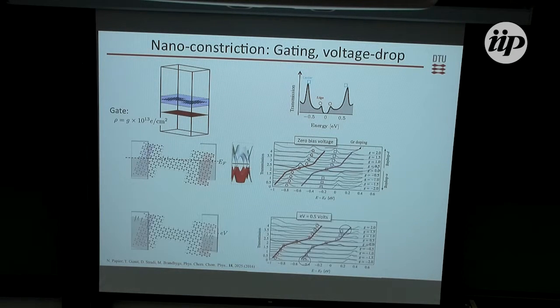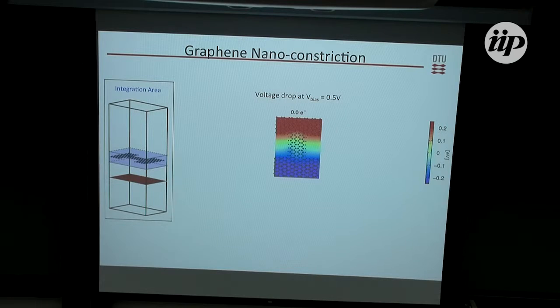It's actually interesting if we then turn on the bias and have a bias of 0.5 volts, so we have different chemical potentials here, then in this case, the resonances actually start to follow more the Fermi level. If we look in the voltage drop, so that is the change in the electronic potential from 0 bias to some bias.